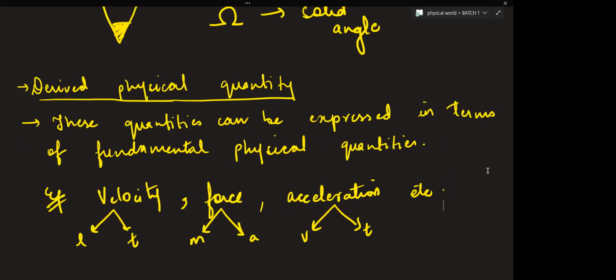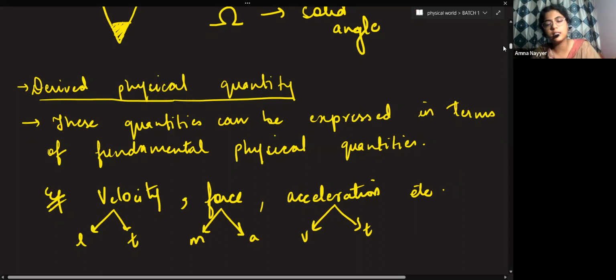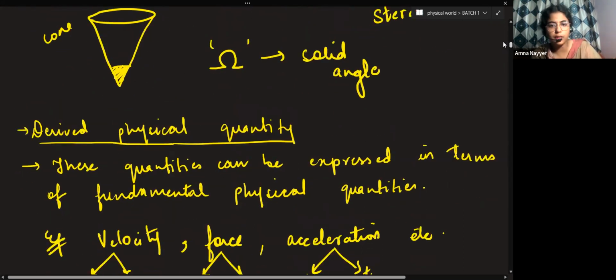Just note down these supplementary quantities as well as the derived. I'll scroll it down once you have written it.